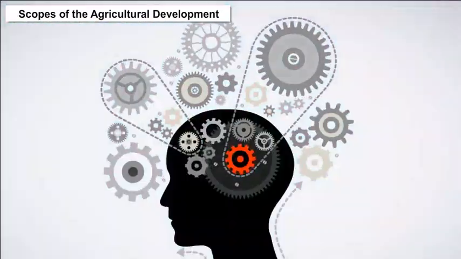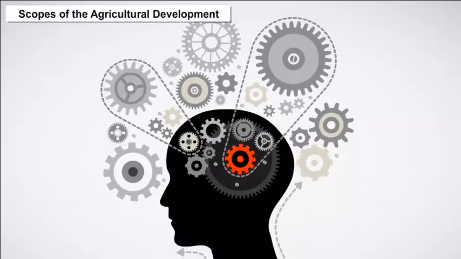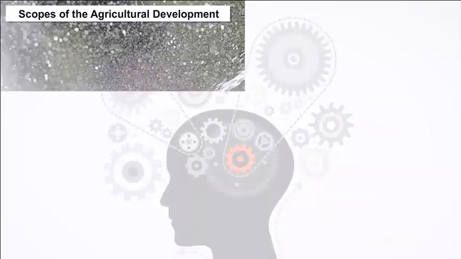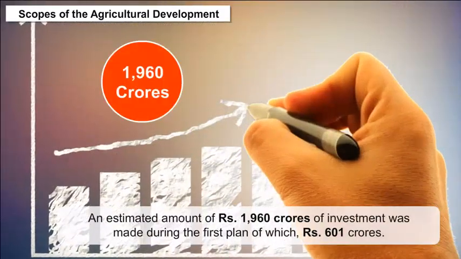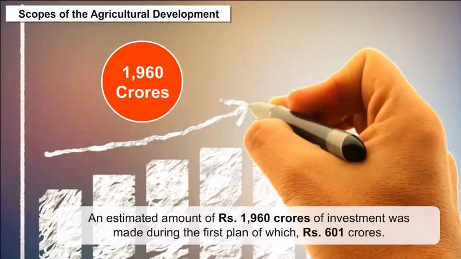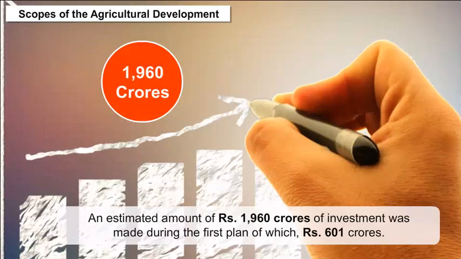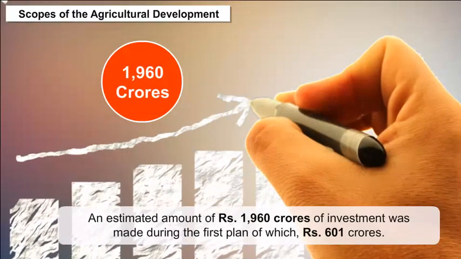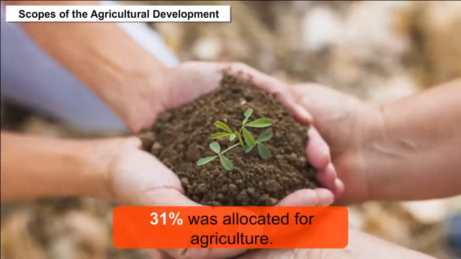In this aspect, in some of the earlier plans, some long-lasting projects were taken up, like irrigation and several river dam constructions. An estimated 1,960 crore rupees of investment was made during the first plan, of which 601 crore rupees, nearly 31%, was allocated for agriculture.